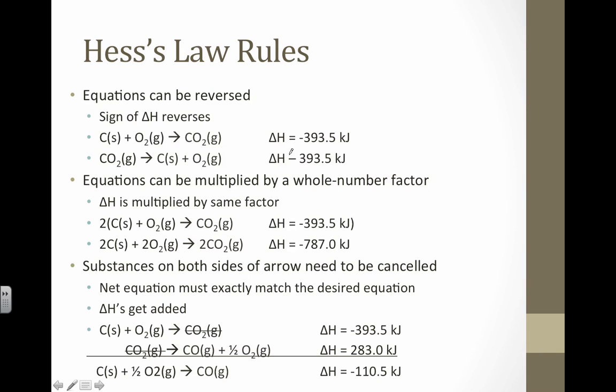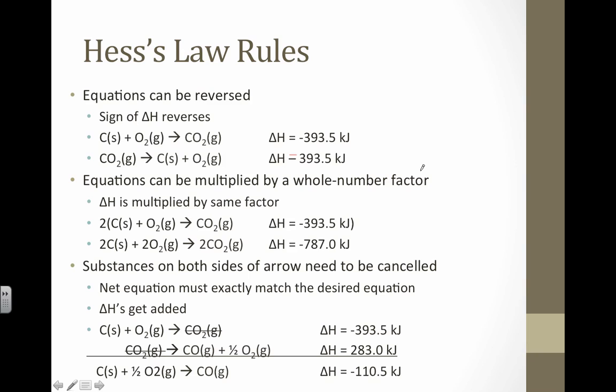This is supposed to be an equal sign, so pretend that's equals. When I reverse the arrow, the sign of the delta H also reverses. So if it's negative in one direction, it's positive in the opposite direction.